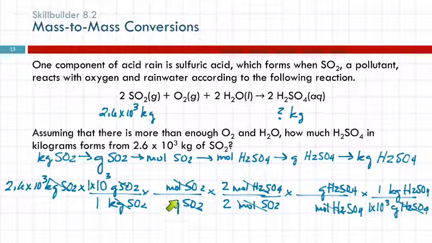Now we need molar masses. So we need a molar mass for SO2 and one for H2SO4. So for SO2, we've got sulfur plus 2 oxygens. 32.07 plus 2 times 16, 64.07.